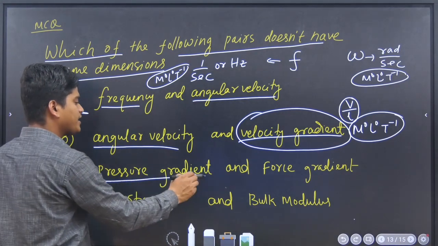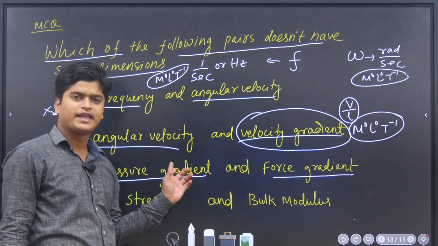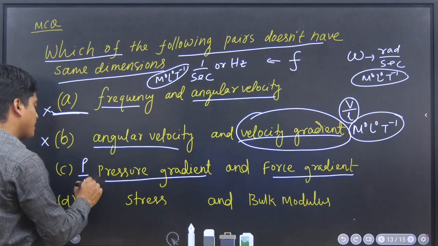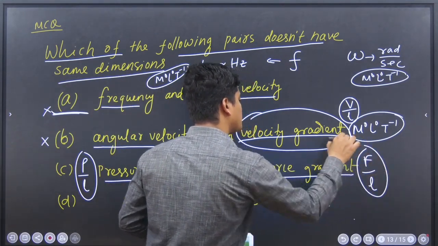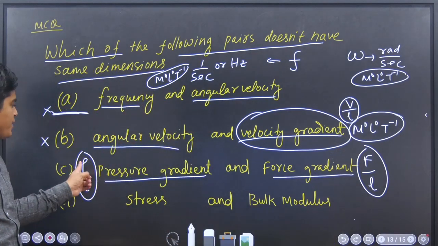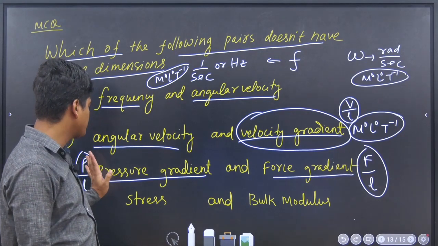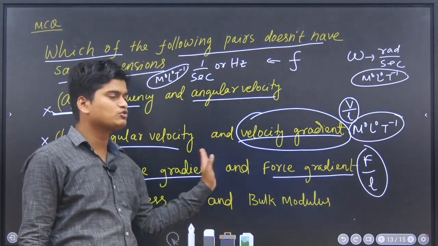Now see pressure gradient and force gradient. I already told you gradient means any quantity by length: pressure gradient means pressure by L, and force gradient means force by L. You clearly understand that pressure is not equal to force, because pressure is force by area. So definitely these dimensions will not match.